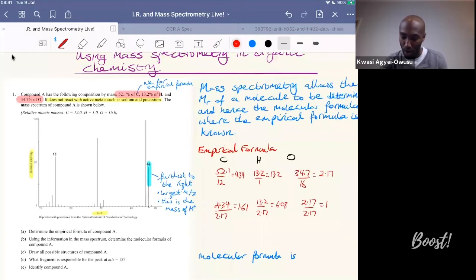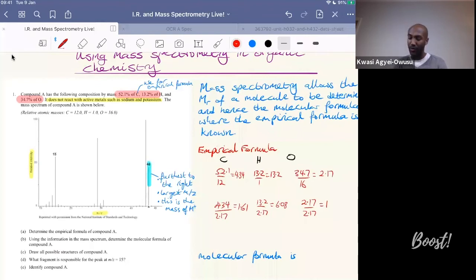And then for hydrogen, we've got 13.2 divided by 1, which is equal to 13.2, of course. And then 34.7 divided by 16 should give us 2.17 again.